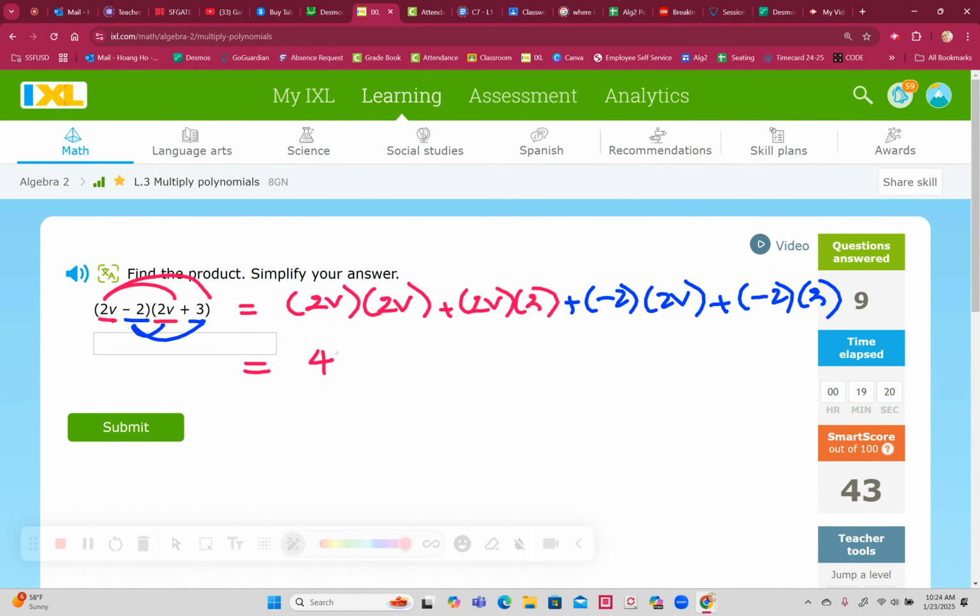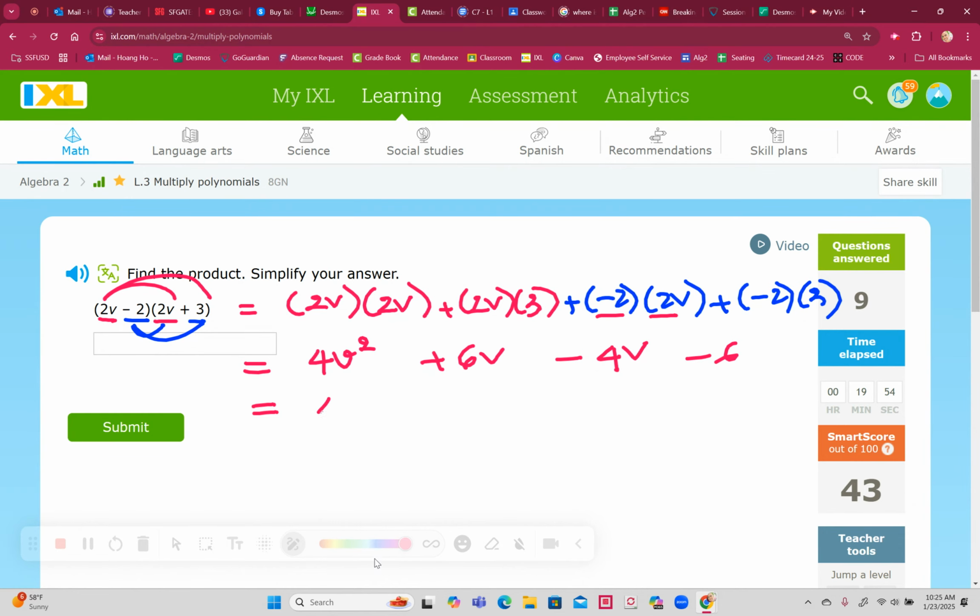V times v, that's a v squared. 2v times 3, 2 times 3, that's a 6. If you have only v, that's a v. Now, negative 2 times 2, pay attention to the negative sign, you come out negative 4. And then v times v, you have only the v, so that's negative 4v. Now, number with number, negative 2 times 3, that's negative 6.